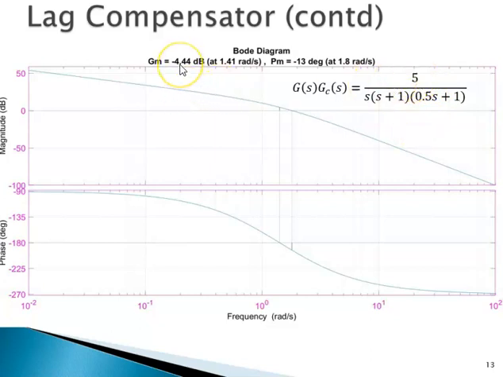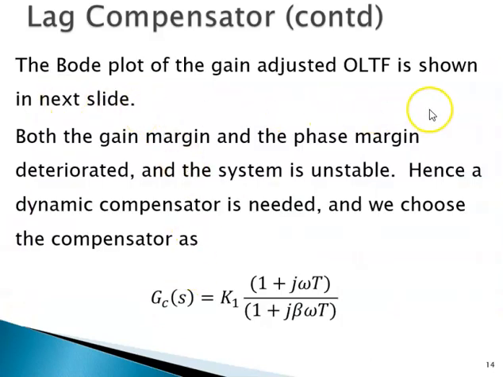You see that the gain margin deteriorated, the phase margin deteriorated. The velocity error constant is achieved, but that doesn't really mean anything because the system is already unstable. From the Bode plot shown in the previous slide, the gain and phase margin are deteriorated and the system is unstable.